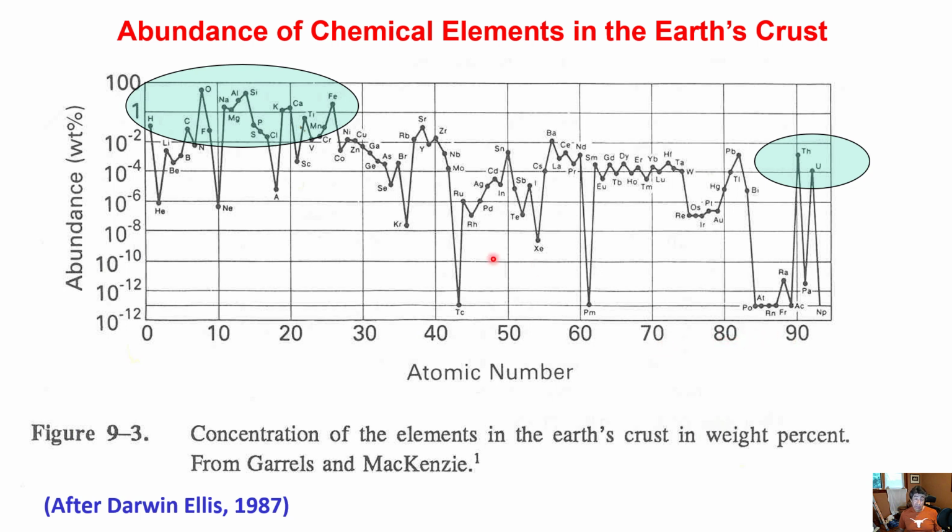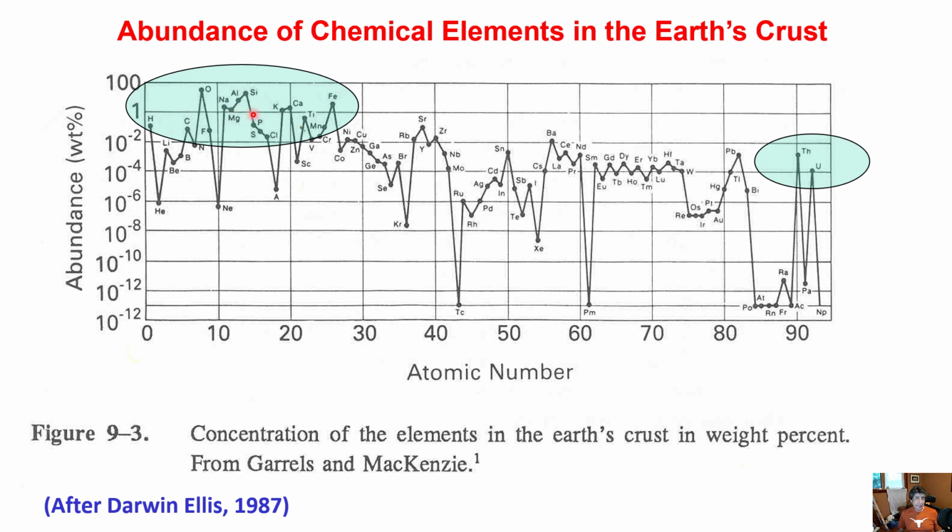The elements that are the most abundant are the ones shown here in this ellipse, and those are the chemical elements present in most of the minerals in the Earth's crust. You can see oxygen, aluminum, silicon, potassium, calcium, iron, and so forth.